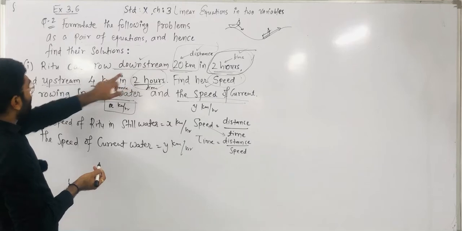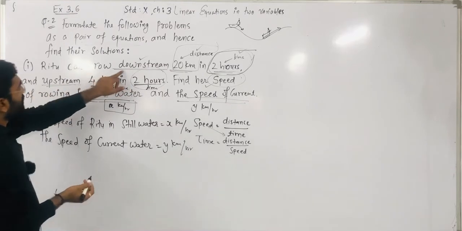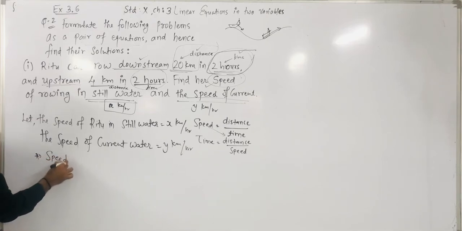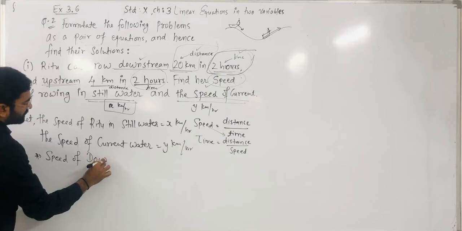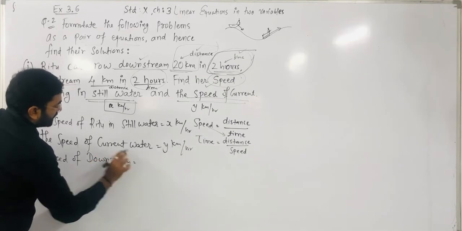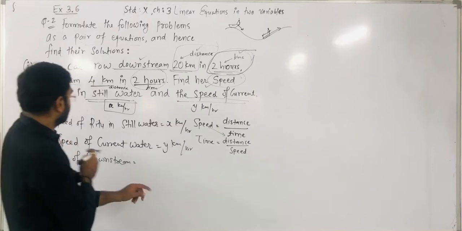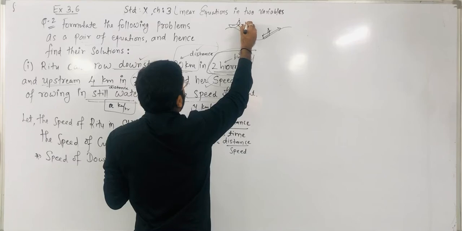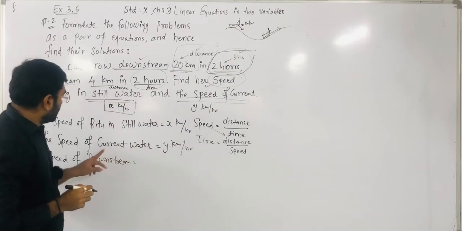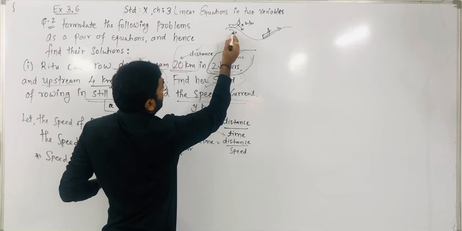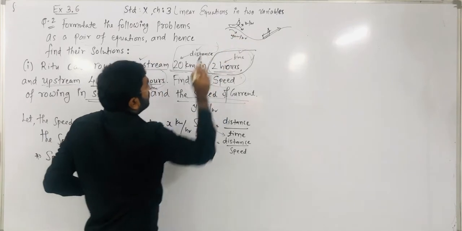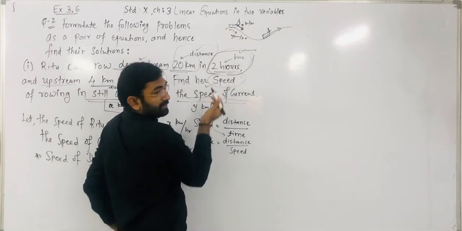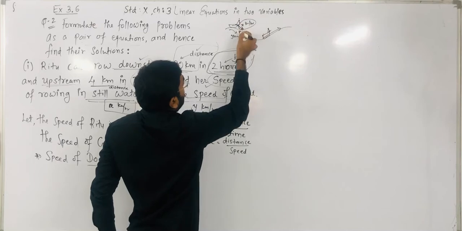Downstream and upstream are given. So what are the downstream and upstream speeds? We have to mention that. Now see, I explain it here. Speed of downstream, how can we write it? In still water, suppose the boat speed is x kilometers per hour, and in the current its speed is y kilometers per hour. When it goes downwards, both speeds add.